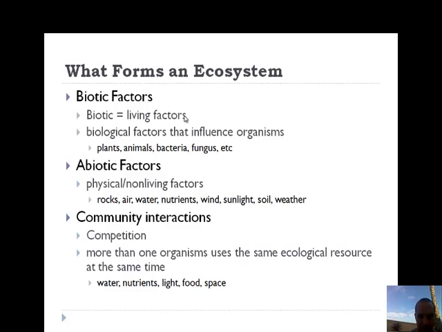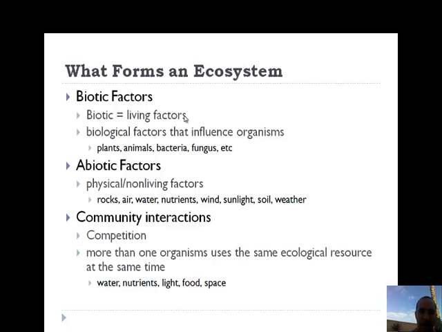You can separate everything within the ecosystem into biotic and abiotic factors. This is a review for some of you. Biotic, bio meaning living, so the biotic are the living factors. They're any of the living factors that are going to be influencing the ecosystem, such as plants, animals, bacteria, fungi, etc. Then you've got the abiotic factors, which are the non-living ones: rocks, air, water, and those things that are going to shape your ecosystem.